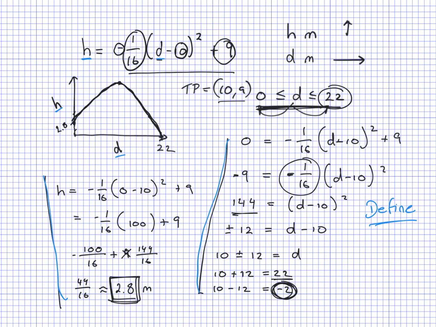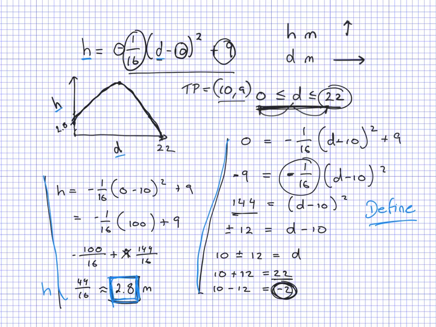So if someone asked you, where is the y-intercept for this javelin, you would answer, it starts at 2.8 meters above the ground. We know that because the height is 2.8 meters and not y is 2.8 meters. All right. So that's question 1.